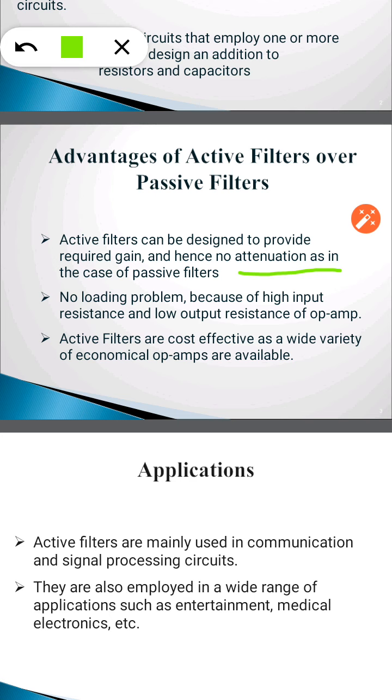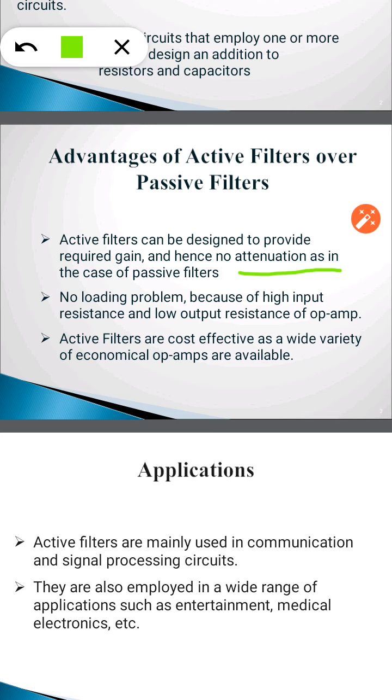So passive filters will not provide any kind of gain, whereas in active filters there is one or more operational amplifiers which are capable of providing the required gain. Means these active filters, along with passing and stopping the required band of frequencies, will also provide us the gain.